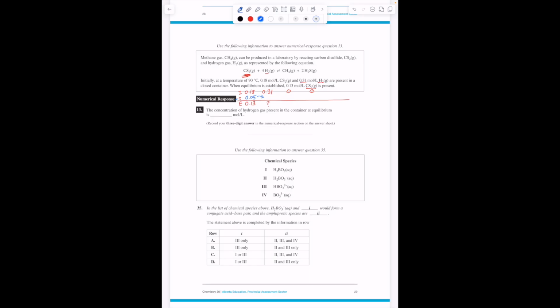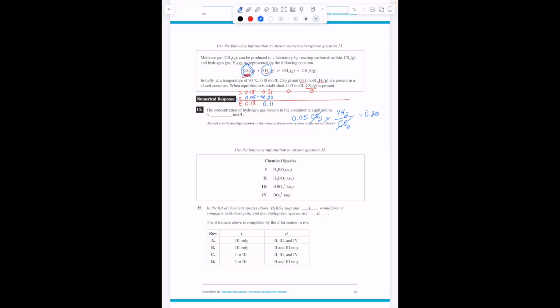So I'm going to take 0.05 CS2 times required over given. Required for H2s, given a CS2, cancel. So 0.05 times 4 gives me 0.20. So that is what goes here. And then I subtract those, and I get 0.11.